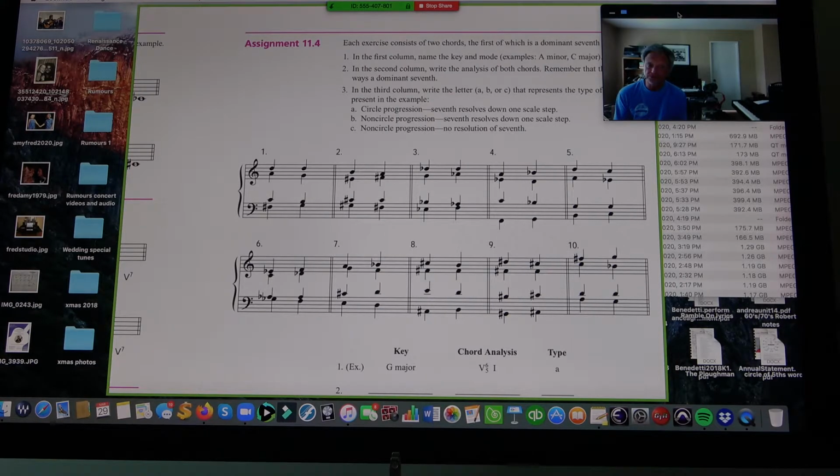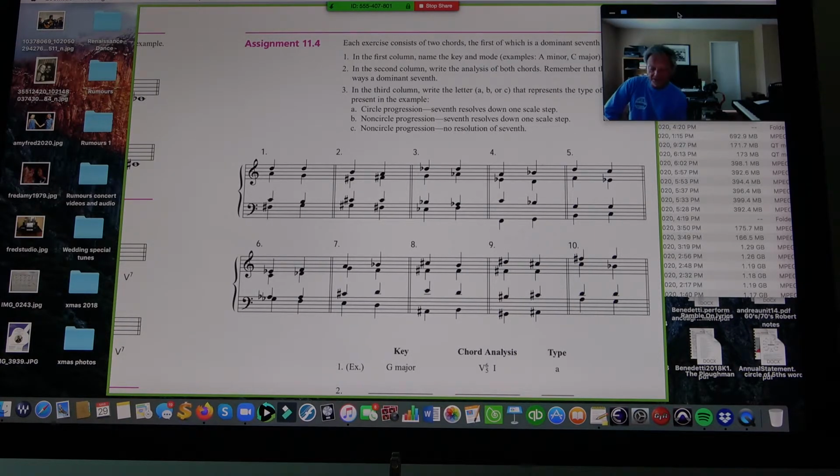But the 7th still resolves down. That's called category B. And then you have category C, where it's the same thing. 5 is not going to 1, it's going somewhere else. But the 7th itself either stays put and does not resolve down at all. That's the 3rd category, A, B, or C.